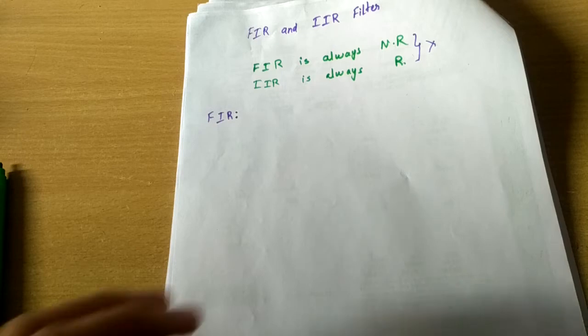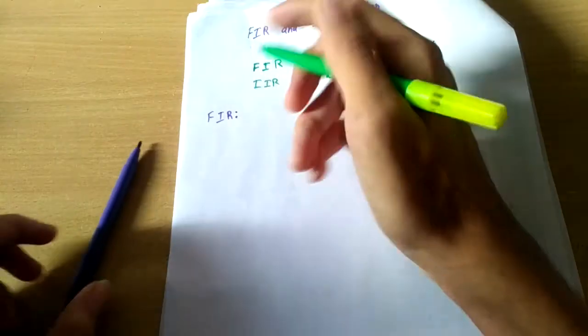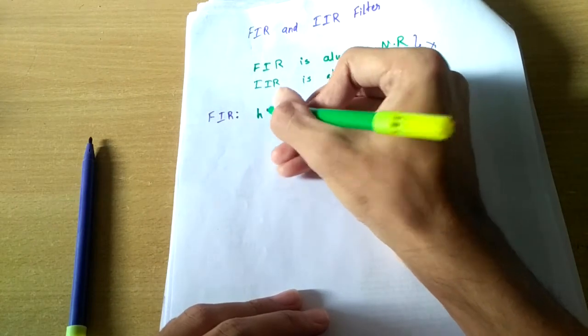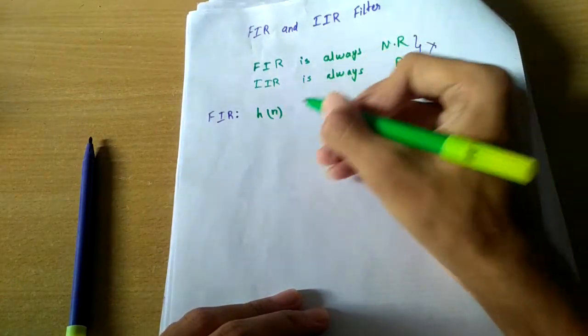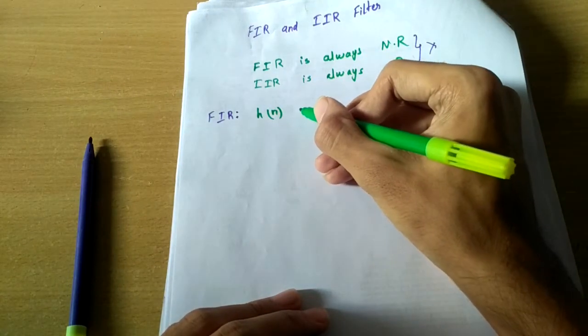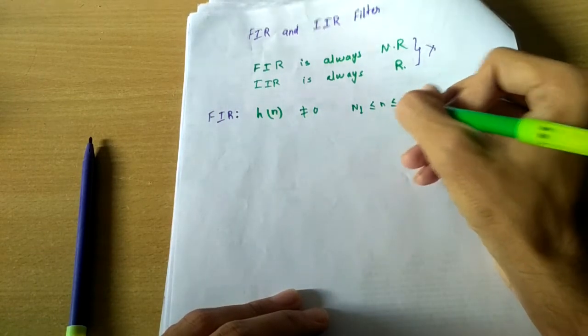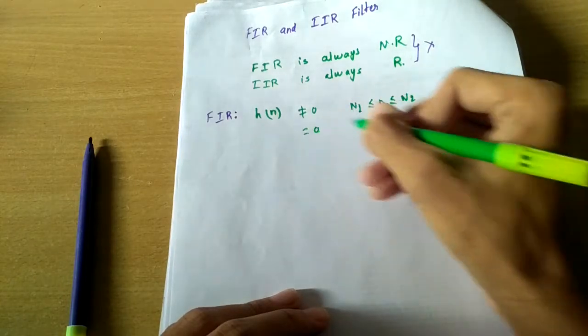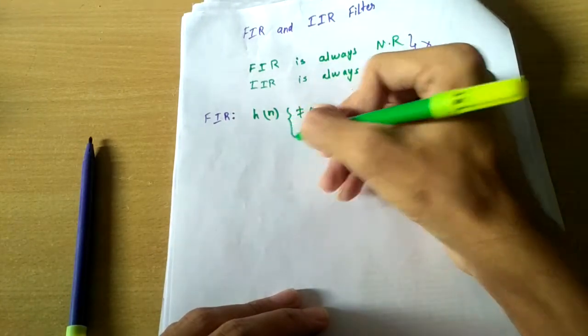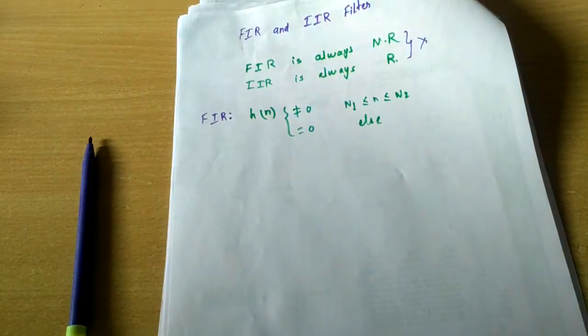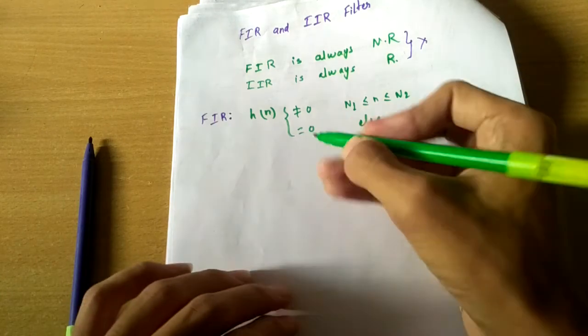Mathematically, let's say this is the impulse response of a digital system. It will be non-zero in some finite duration, let's say from n1 to n2, and zero elsewhere. This is the simple mathematical definition of FIR.